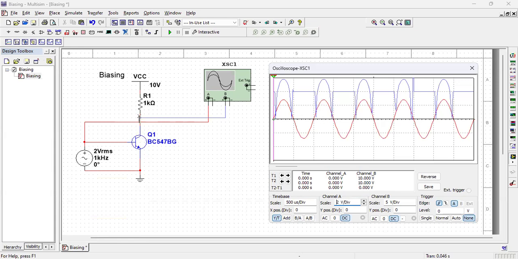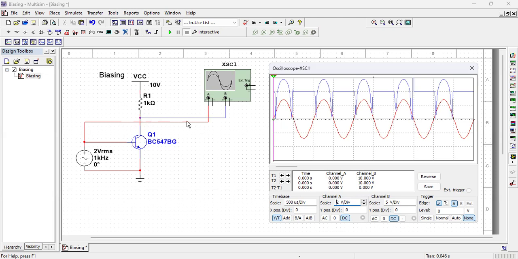And this flow of current, base emitter current, was amplified to collector current. There was a collector current here, right? And you know, collector current is beta times the base emitter current. And when collector current flows, then obviously potential of this point, that means transistor collector, drops below 10 volt, right?